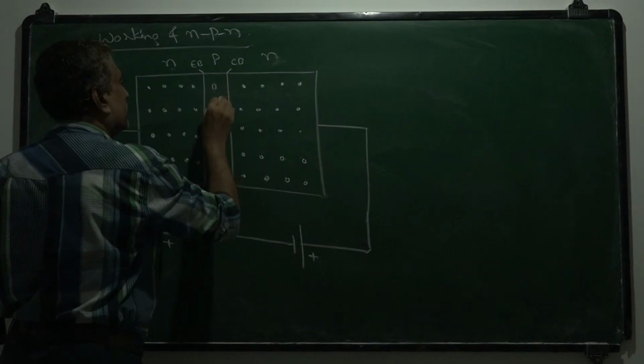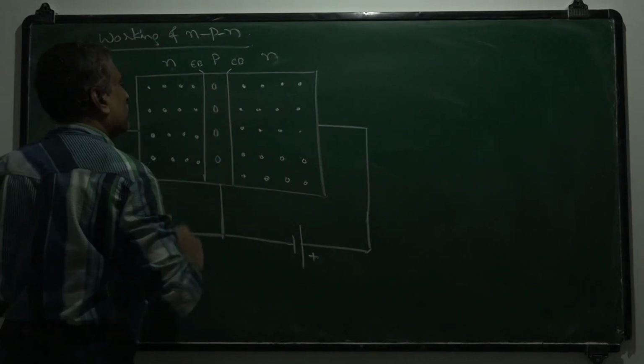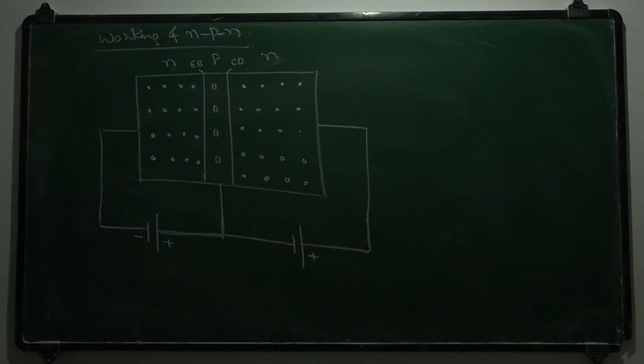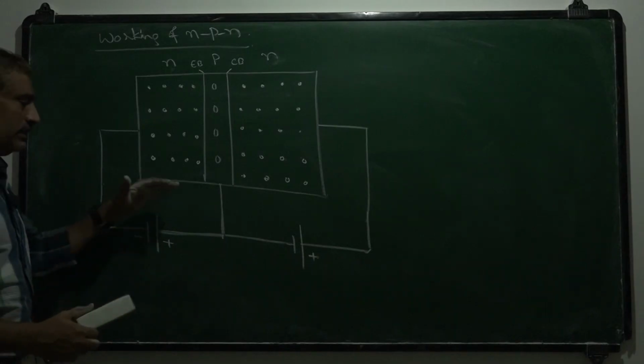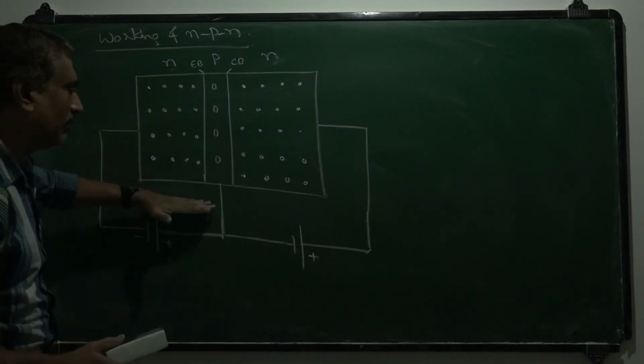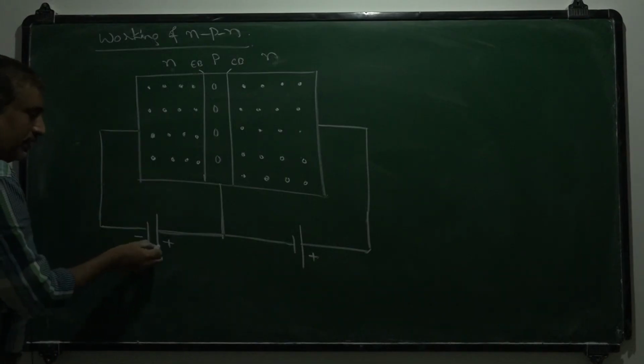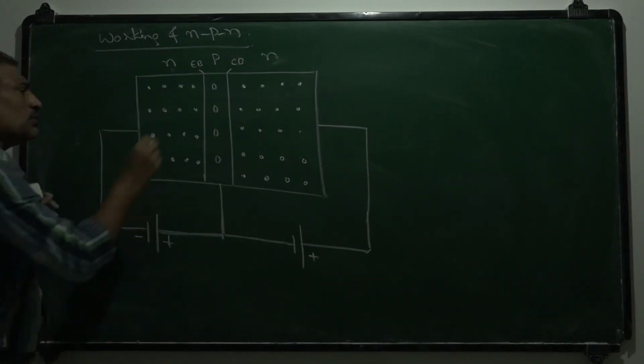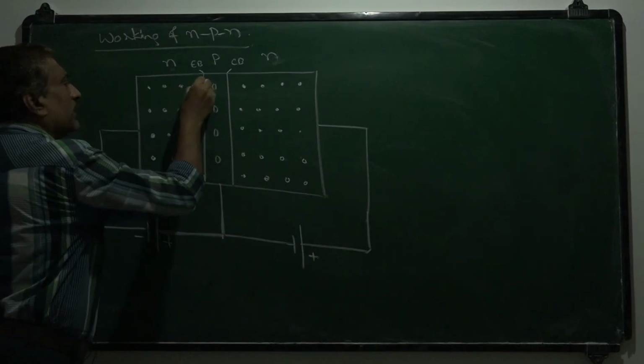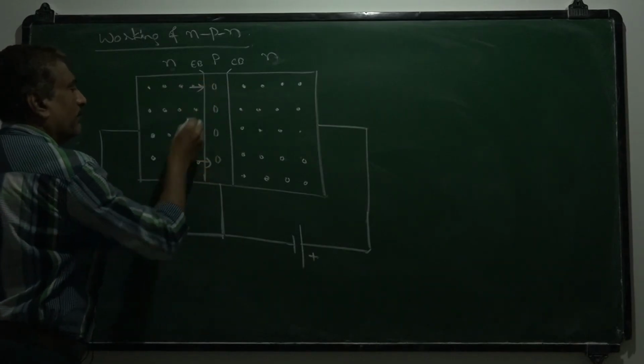And this region has a very small number of holes. So when the emitter base junction is forward biased, these electrons are repelled by the negative polarity of this bias, so that they move towards the base junction like this.